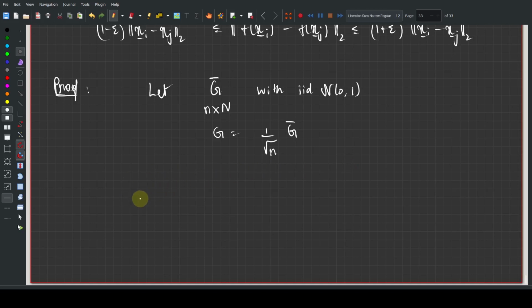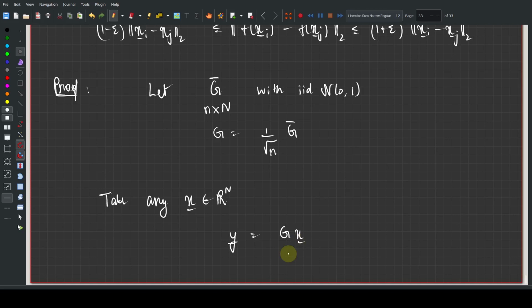Okay. So let us see what happens under such an operation. Let me take an arbitrary vector x in R capital N, and let me define y to be G times x.